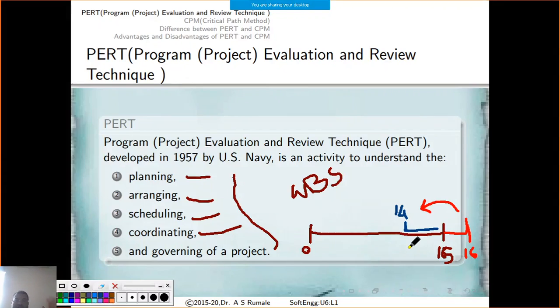So you are given 16 weeks, 4 months of time, but if it passes 4 months, you are required to pay a penalty of 10,000 rupees per week. So if you go to 17 weeks, you are going to pay back 20,000 rupees. In the same way, if you finish the project 1 week early, they are going to give you 10,000 extra.